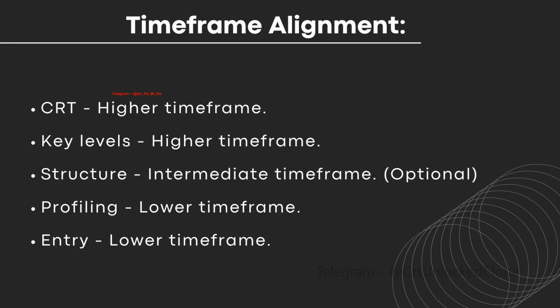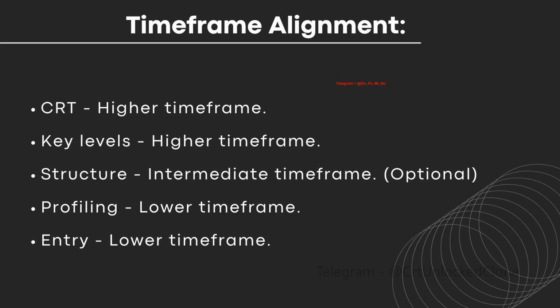Then we've got the lower time frame, which will be used for two functions: for profiling the market, meaning using market profiles to anticipate other profiles, and for taking entries and finding entry setups. That's where you're going to execute your trades. So these are the three main time frames we'll use for our particular side of trading.